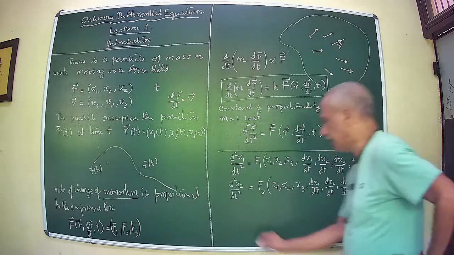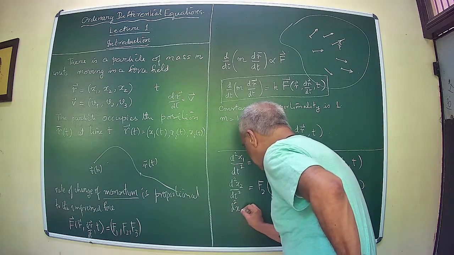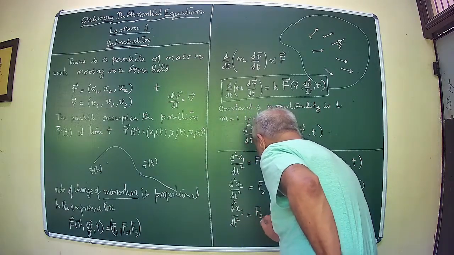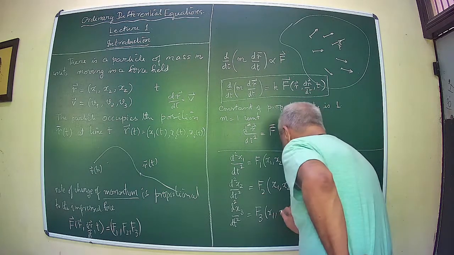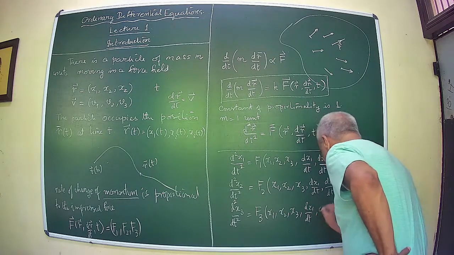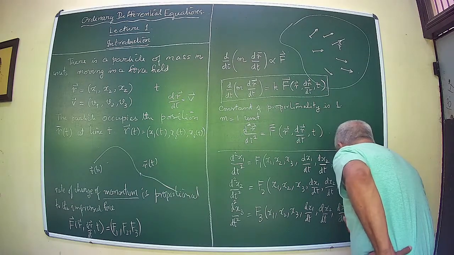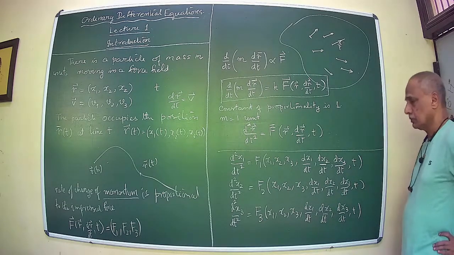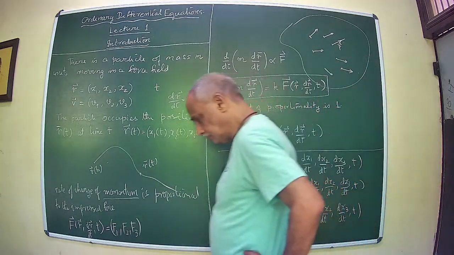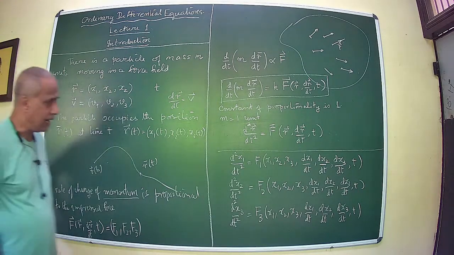And t. And so also for x2, x3, dx1 by dt, you know that here the unknowns are x1, x2, x3, and we want to determine them.